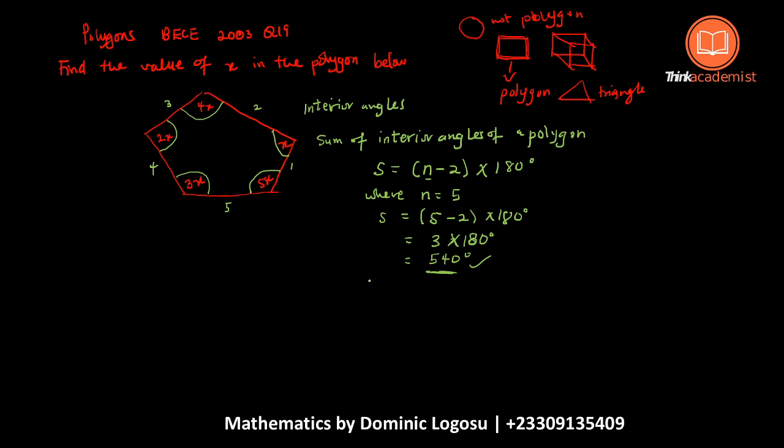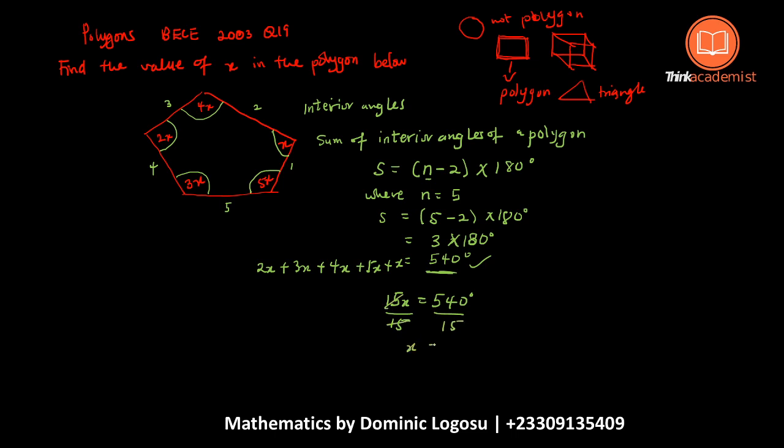So we can boldly write 2x plus 3x plus 4x plus 5x plus x equals 540. Doing our summation, 2, 3, 4, 5, and 1 will give us 15x equals 540 degrees. Now we need the value of x, and there's 15 here, so we'll just divide both sides by 15, and this goes away.